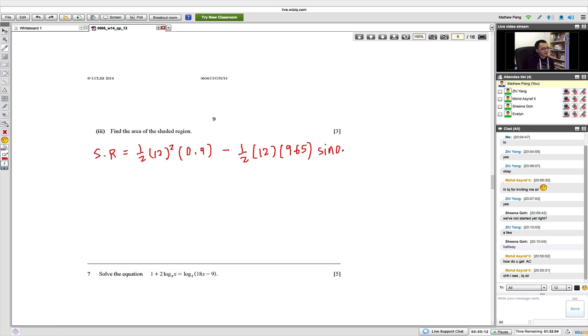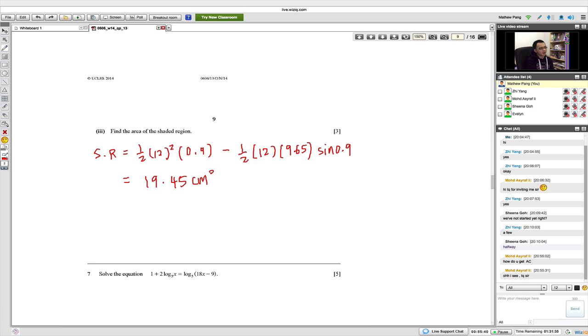You just make sure you calculate it in radian in order to solve this one. So I will get half times 12 squared times 0.9 minus half times 12 times 9.65 times sine 0.9. You get the final answer, which will be 14.45 centimeter squared.